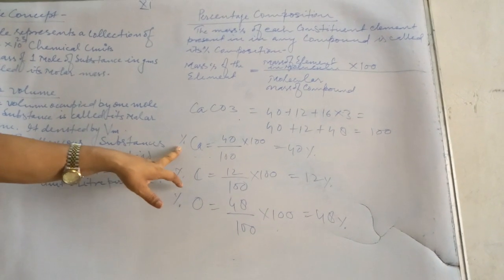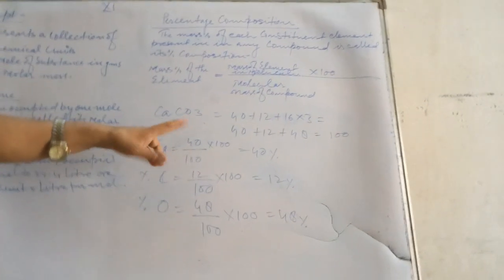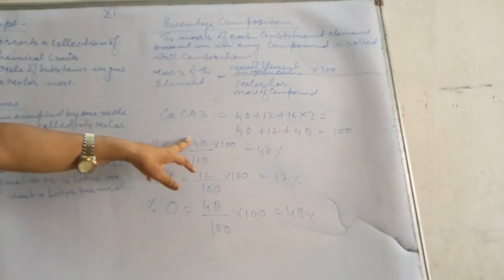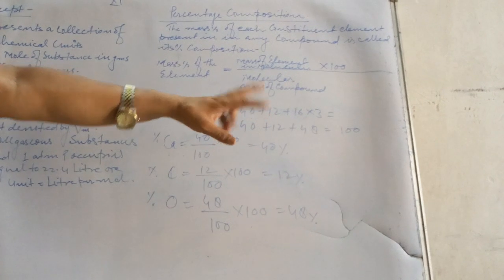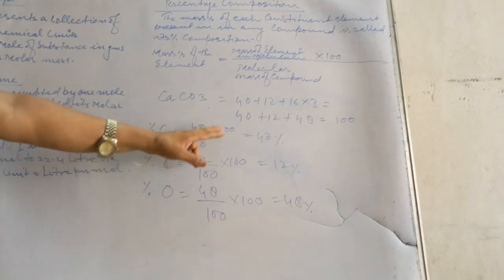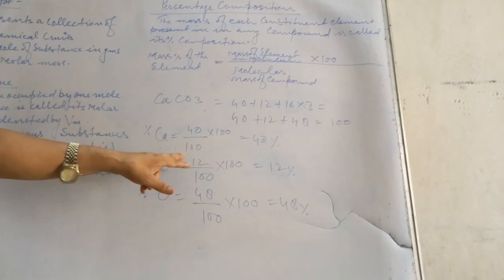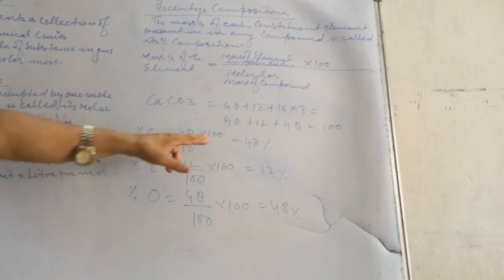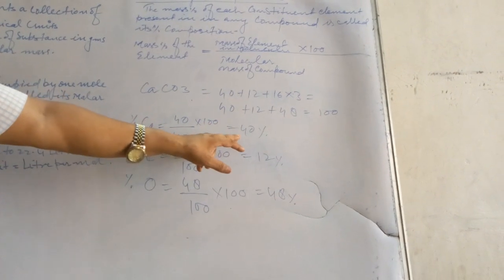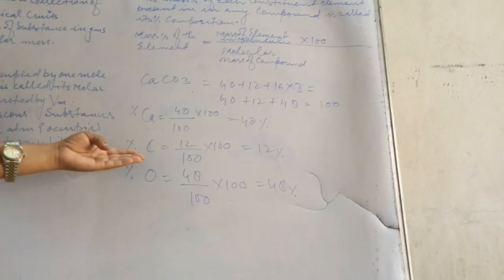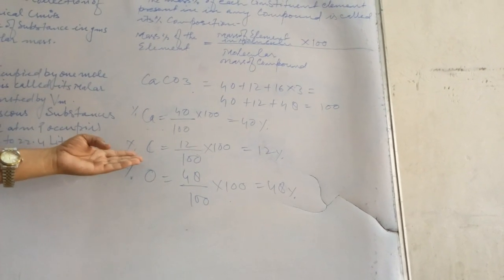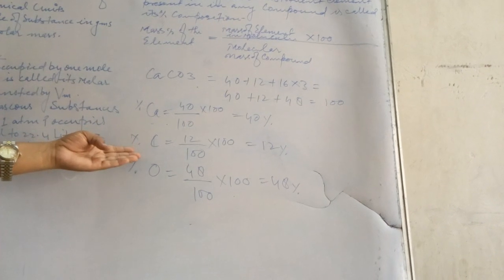Mass percentage of calcium is equal to the mass of the element, means 40 gram, divided by 100 gram, this is the molecular mass, and multiplied by 100. So this 100 will be cancelled out with this 100, and ultimately your answer will be 40%. It is okay. In the same process, apply for the calculation of percentage.